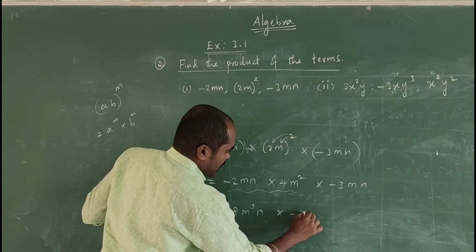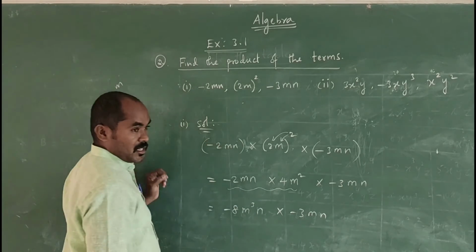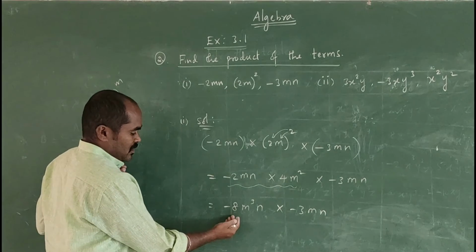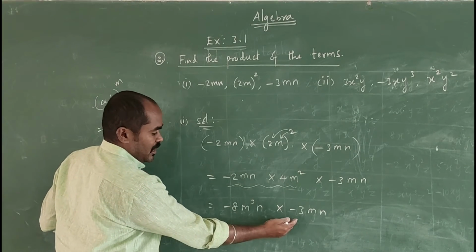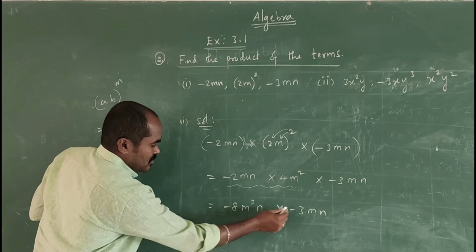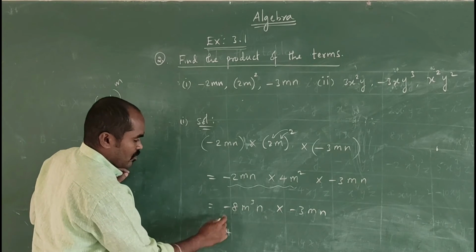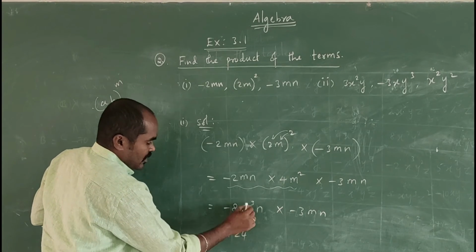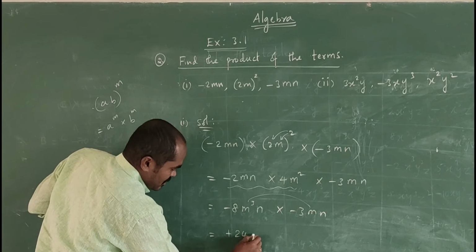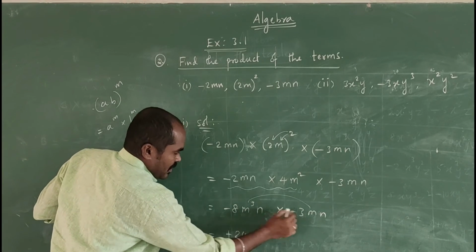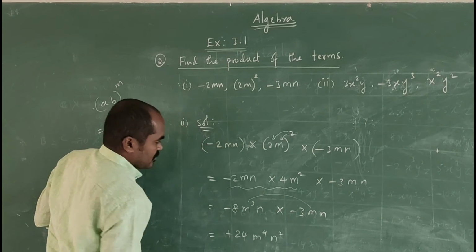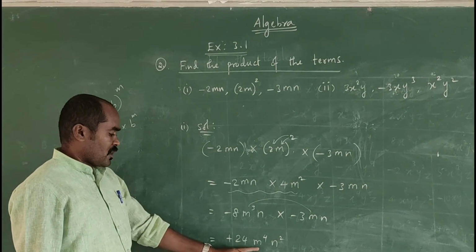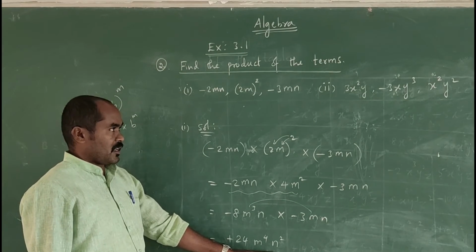Now we have 2 monomials: minus 8m cube n into minus 3m. Minus into minus is plus. 8 3s are 24. m cube into m is m power 4. n into n is n square. So the first sum answer is plus 24 m power 4 n square.